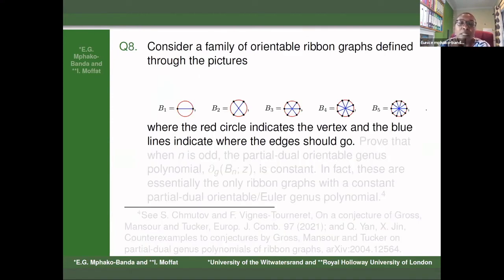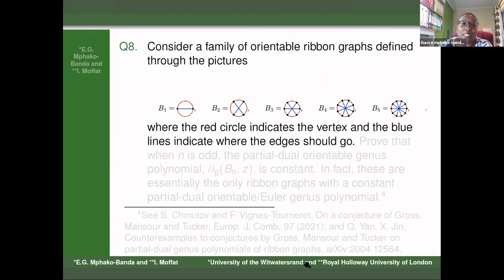So there are a lot of things which you can build up to, which you can do with the polynomials. And here is another question, which is interesting, which is already done. We have the footnote. Consider a family of orientable ribbon graphs defined through these pictures.